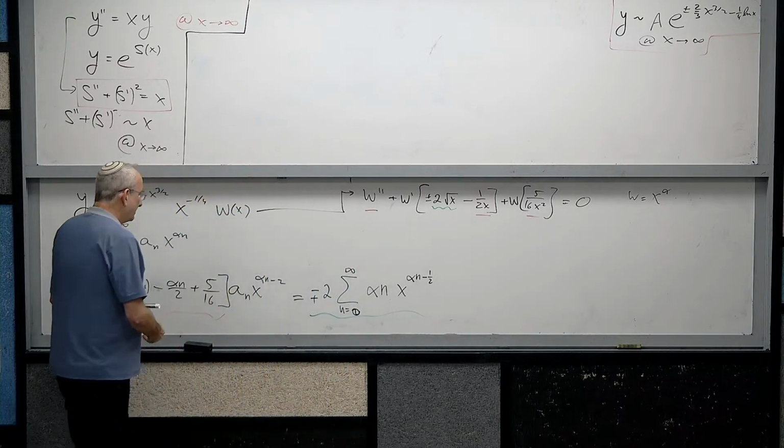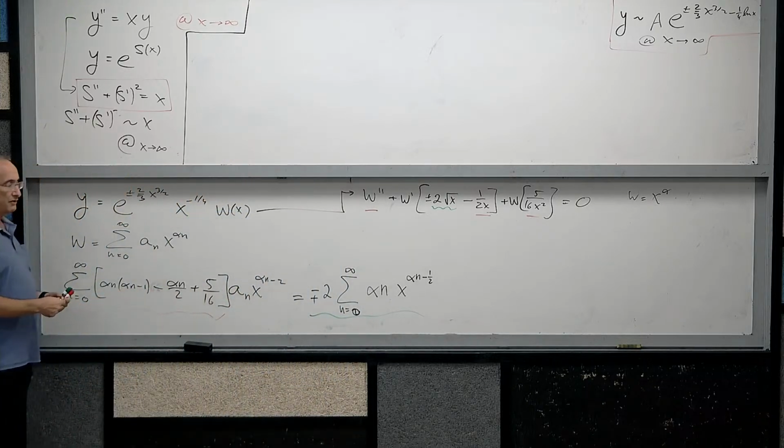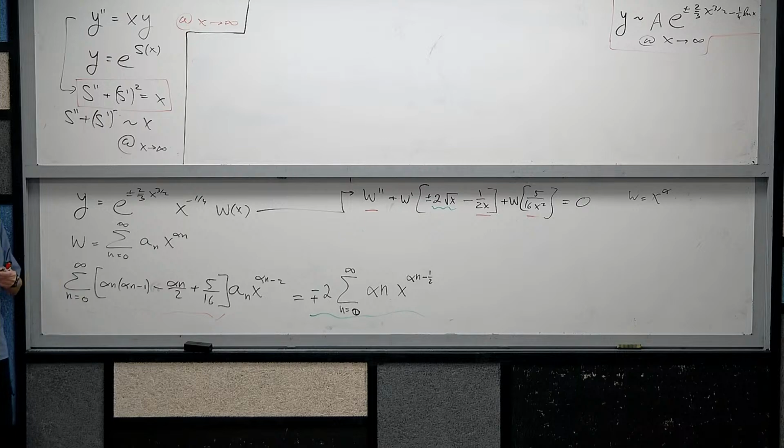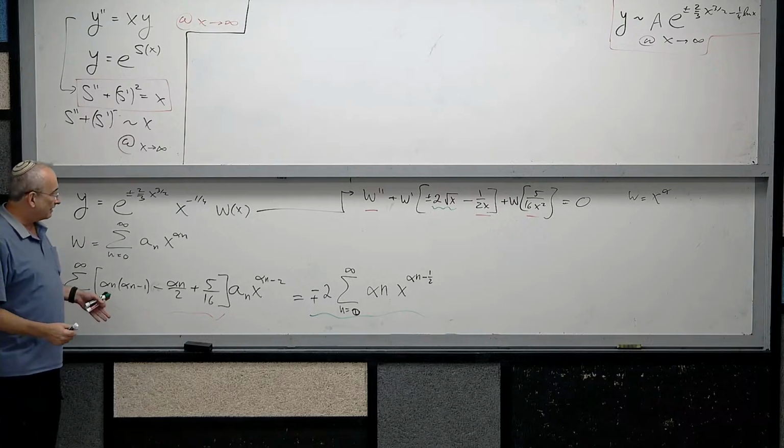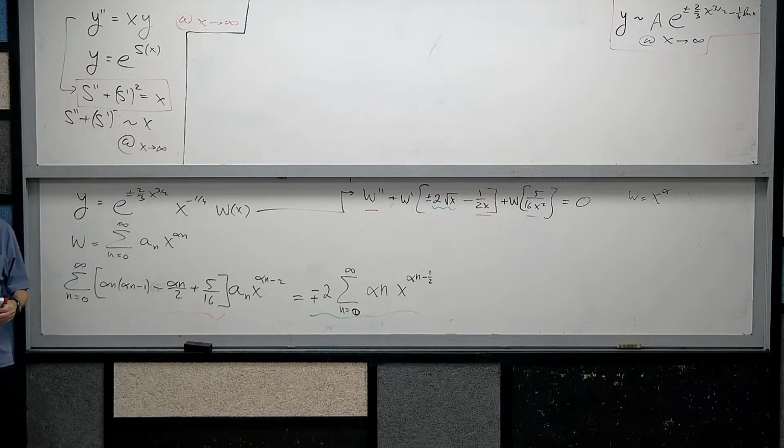So now I want to satisfy this equation term by term. As usual. And again, as I told you, I can never solve such a thing term by term without writing the first few terms on both sides, right?